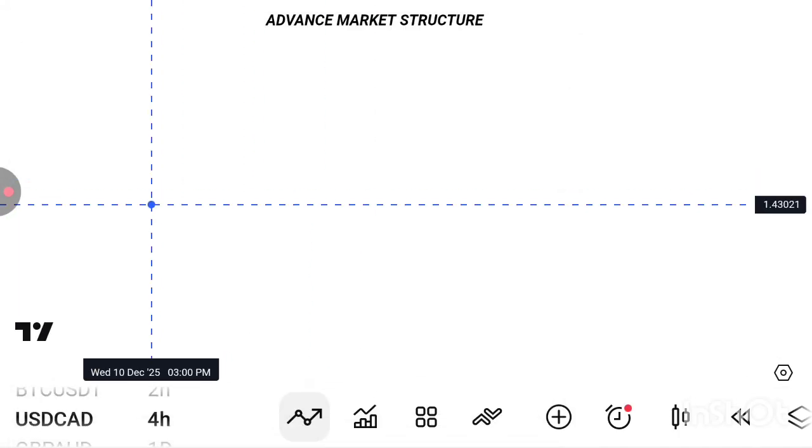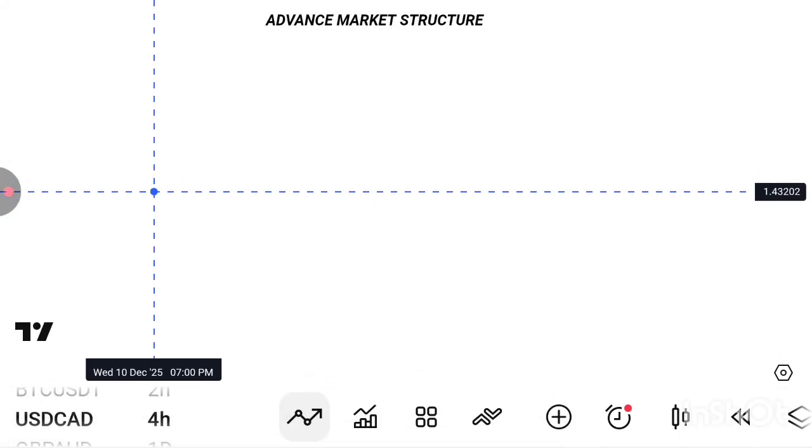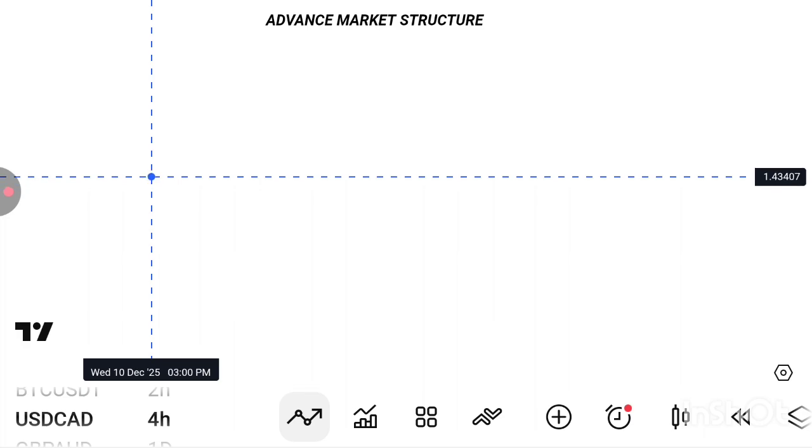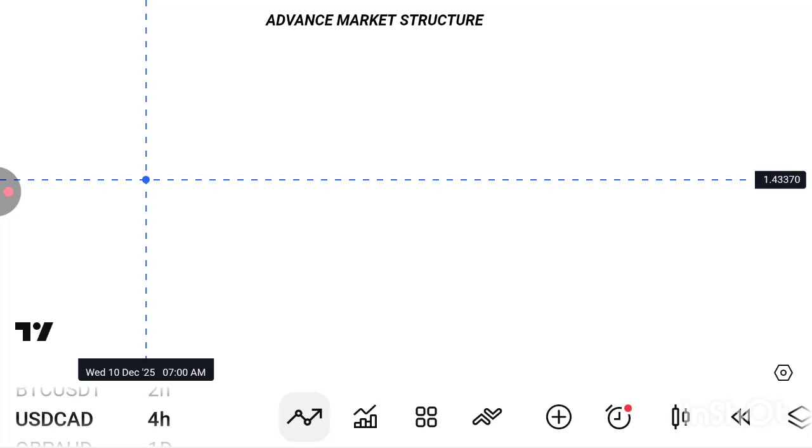I talked about the different types of market structure we have: the bullish market structure, the bearish market structure, then the ranging or consolidating market structure. But that's not what we're going to be talking about today. Today we're going to dwell on advanced market structure, how the real moves happen in the market, right?